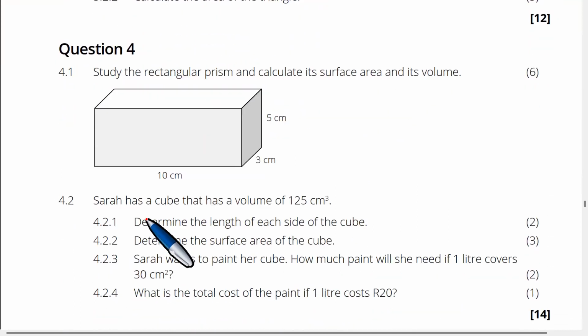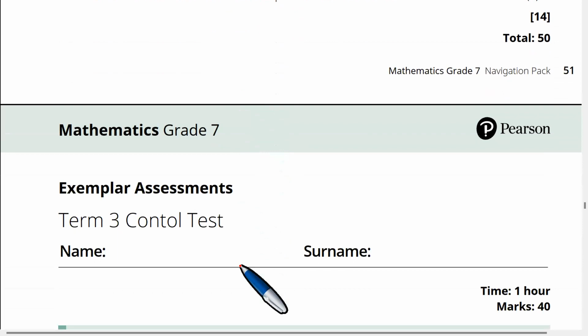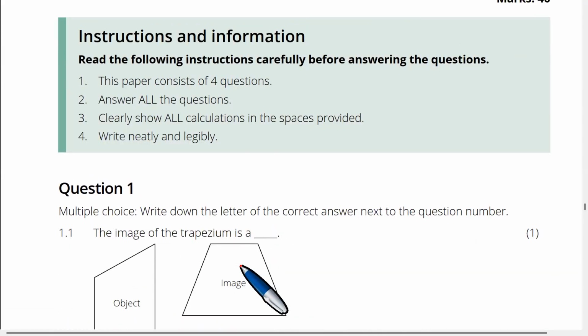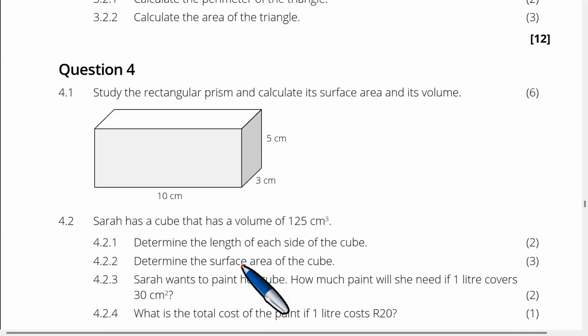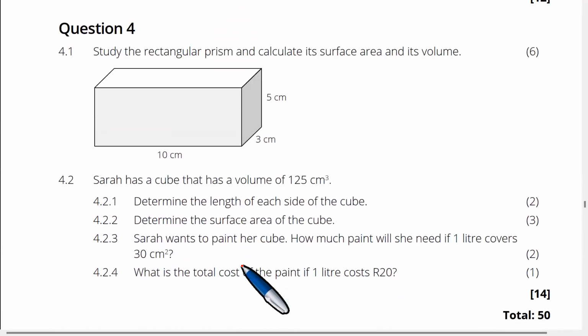Yes, that's the reason why I'm jumping them. I jumped those because we went through those. This we didn't do. These we didn't do, as far as I can remember.